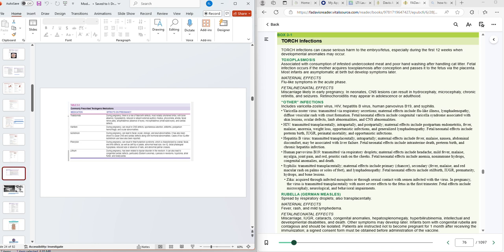I pulled this from chapter 5, but it's just talking about the teratogenic medications. One of these is thalidomide. Thalidomide is a drug that caused birth defects, some fatal and some shortened limbs, bone absences.